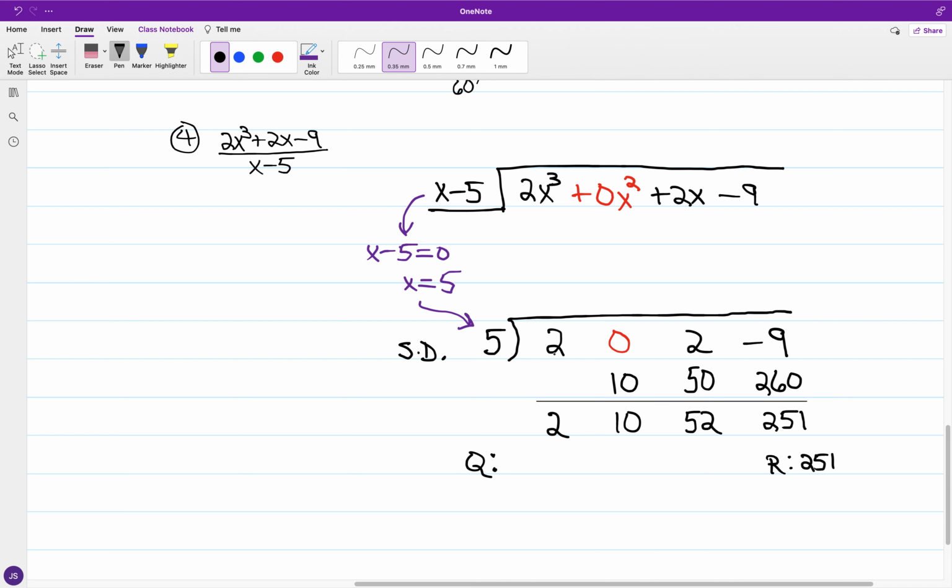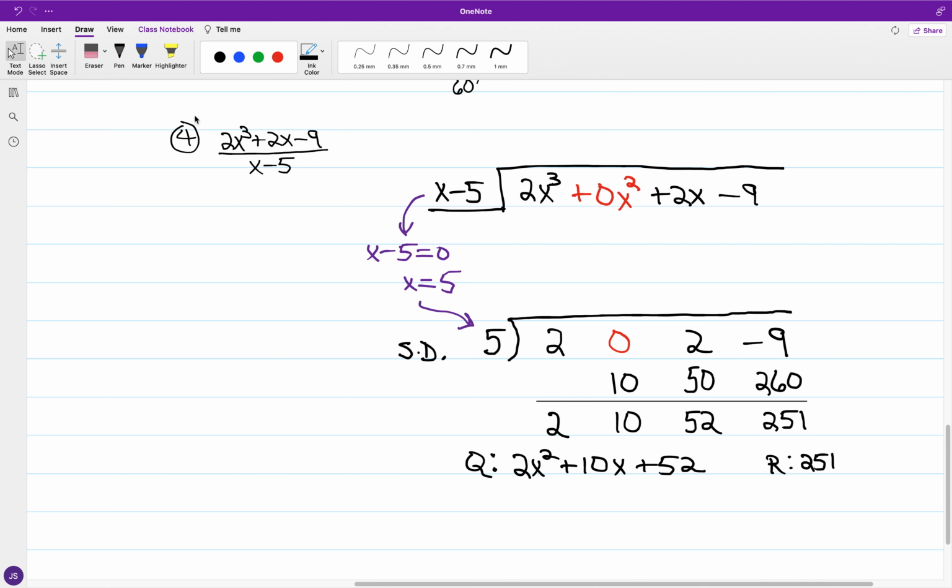Now again, the dividend has 2x cubed, but after each round of synthetic division, the degree originating from the dividend goes down 1 degree at a time. So this 2 at the front references 2x squared, and immediately next in line we have plus 10x, and then we have 52.